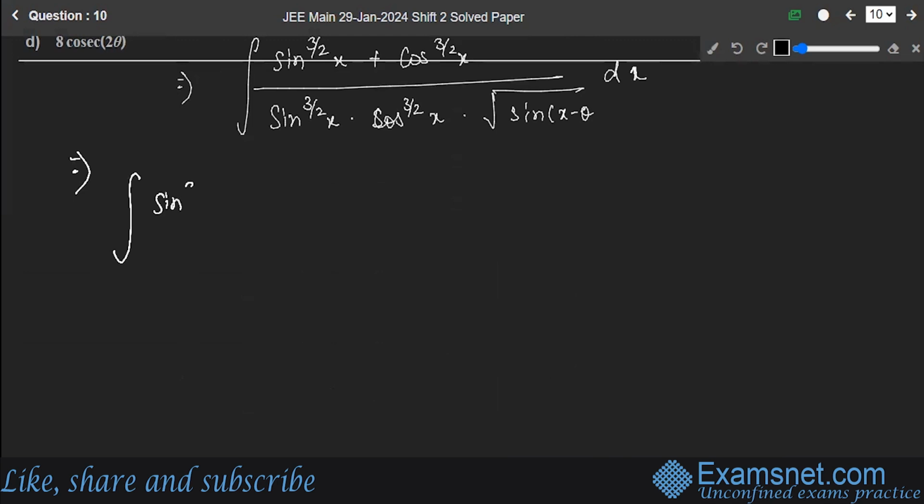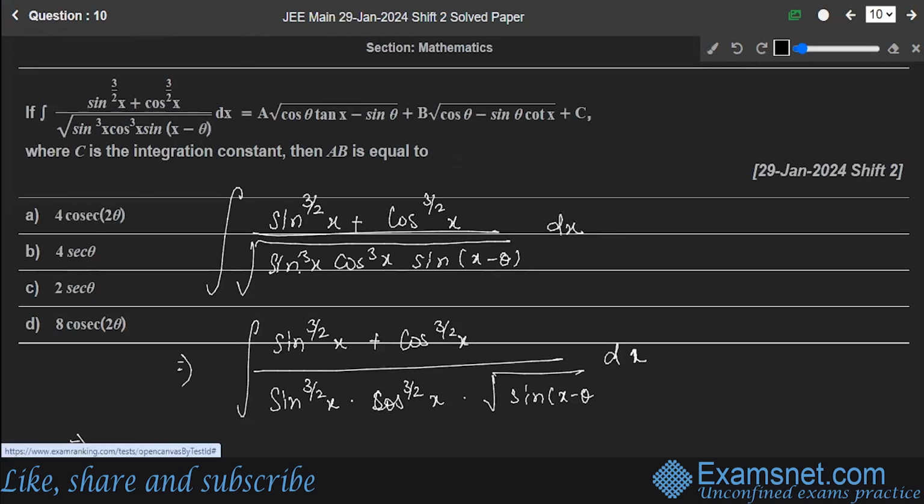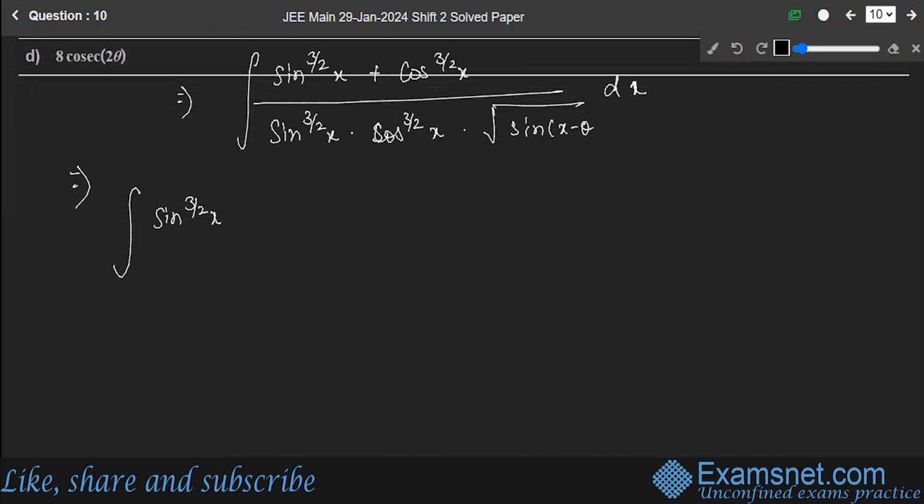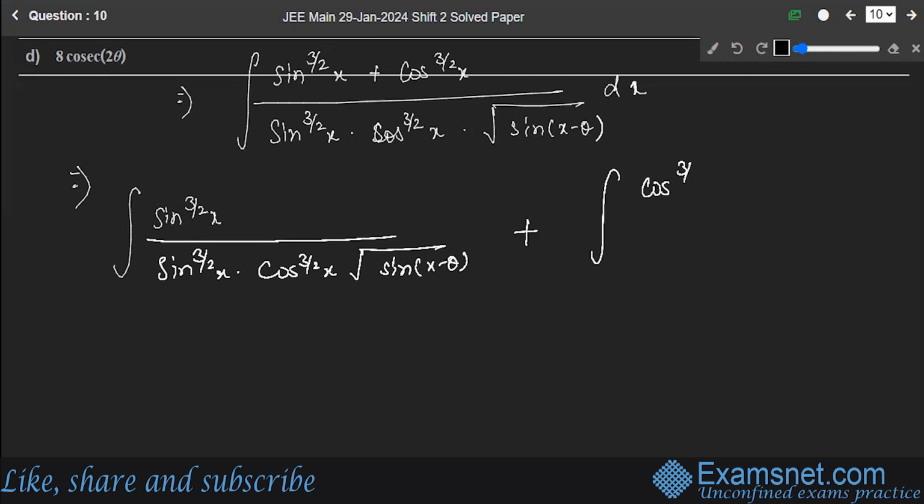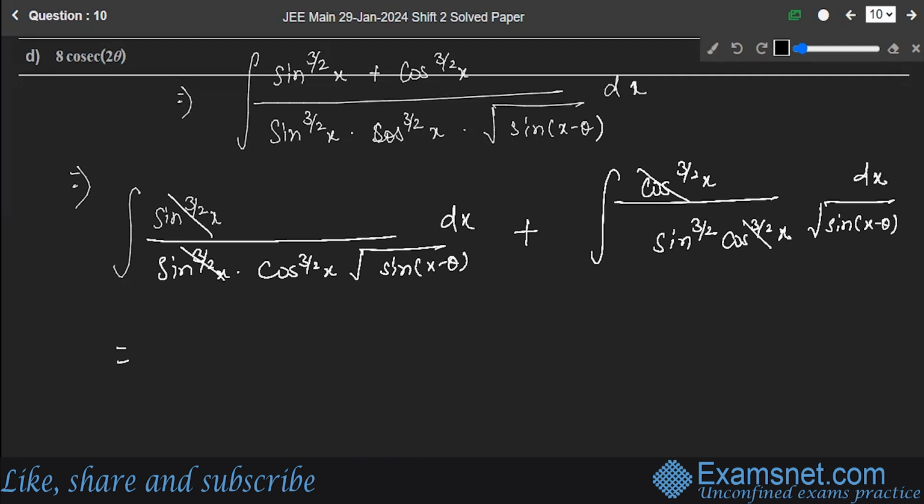This will be integral sine 3 by 2 x divided by sine 3 by 2 x cos 3 by 2 x root of sine x minus theta plus cos 3 by 2 x divided by sine 3 by 2 x cos 3 by 2 x root of sine x minus theta. This will cancel, this will cancel. Here was dx and here was also dx.